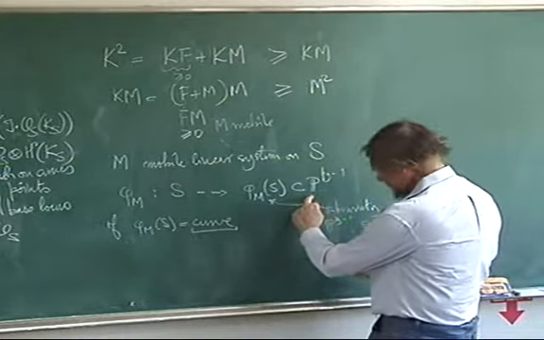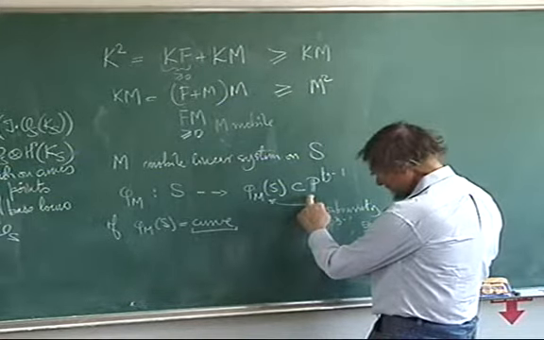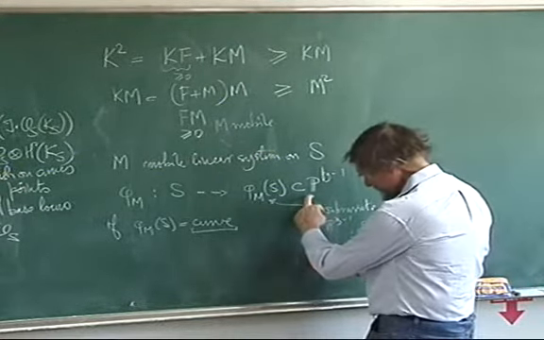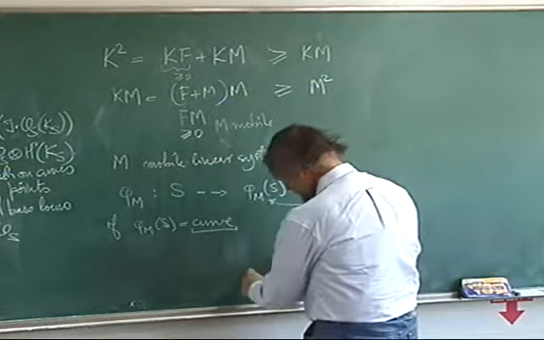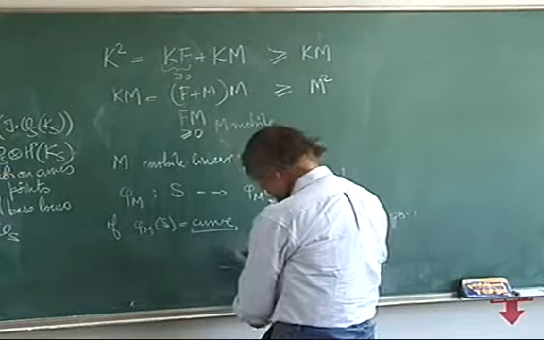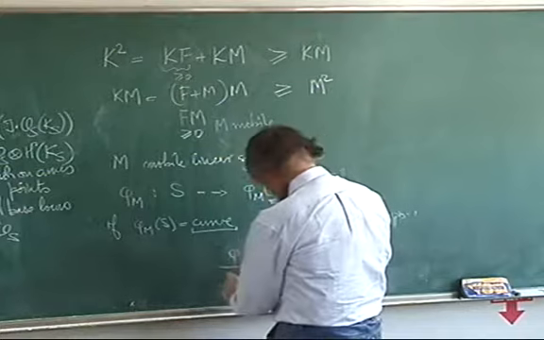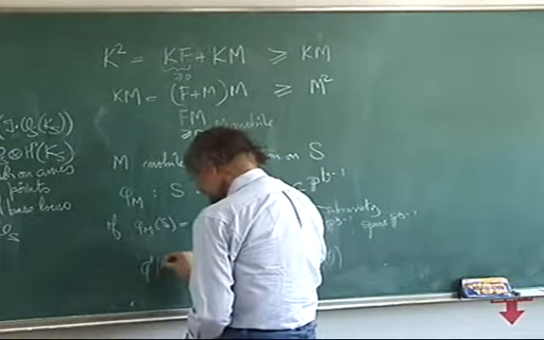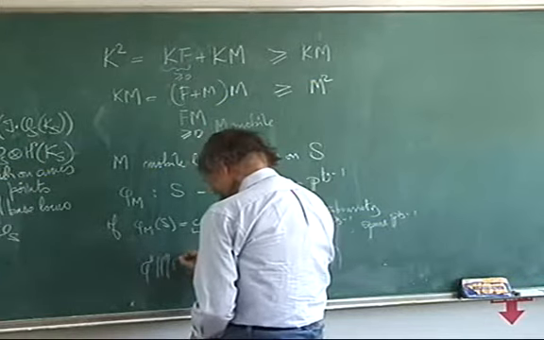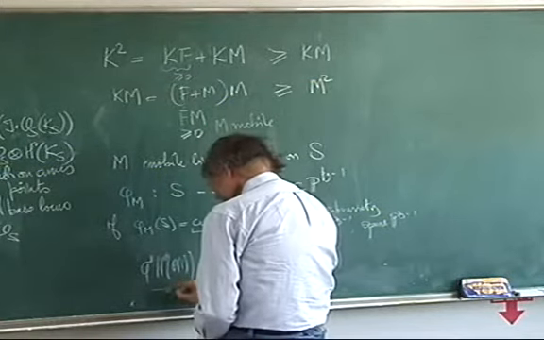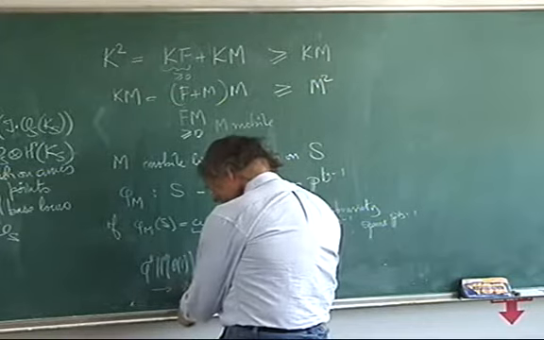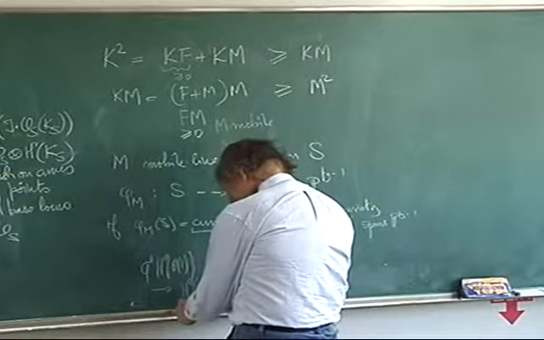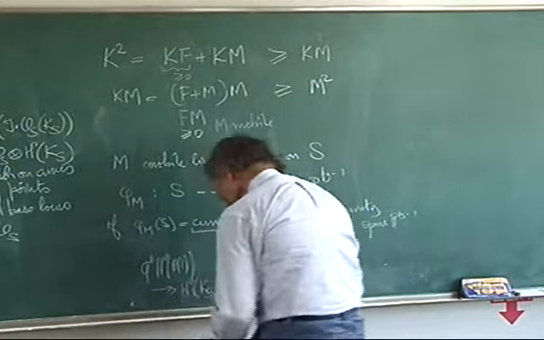Because if I take sections H0 of O(1) here, and I pull these back, phi star of these H0 of O(1), then this maps to H0 of K_S, and it maps isomorphically.